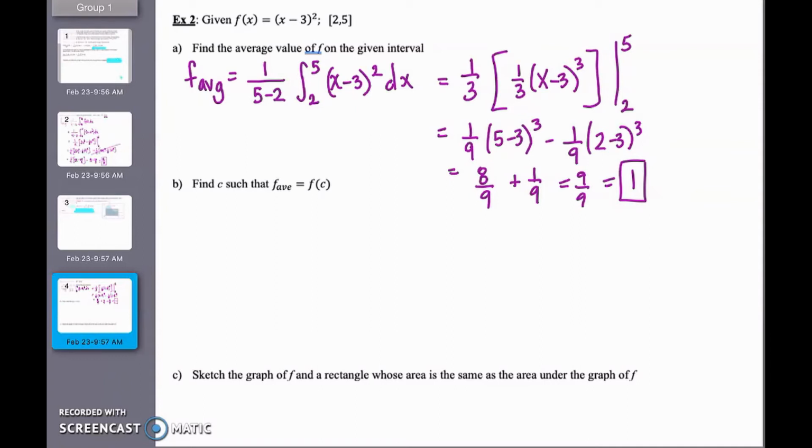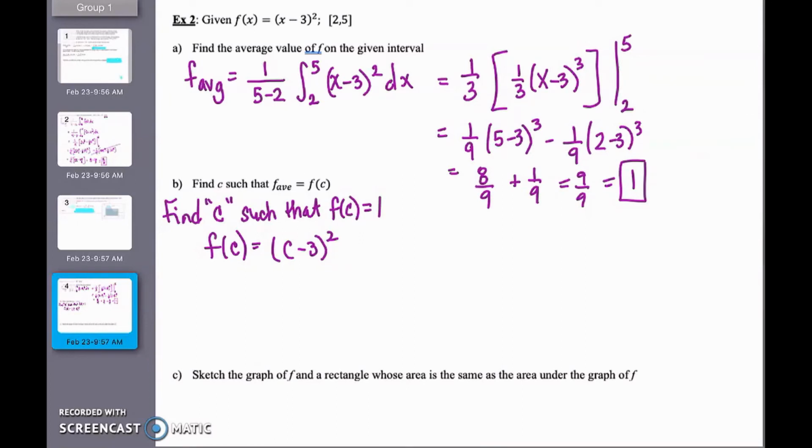So really what this is saying is, find c such that f of c equals 1, because we now know that our f average is 1. So we're going to start with f of c, which is what I would get if I plugged c in for the variable in the function. So that would be (c minus 3) squared.